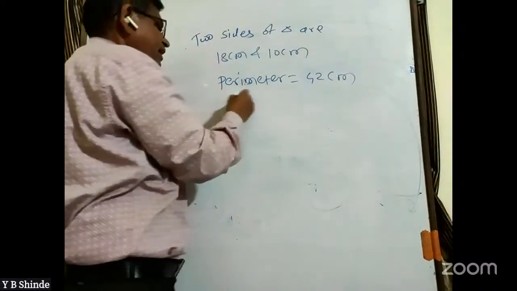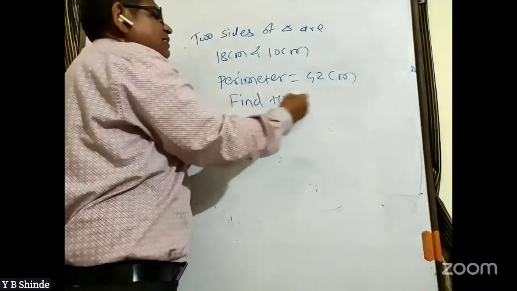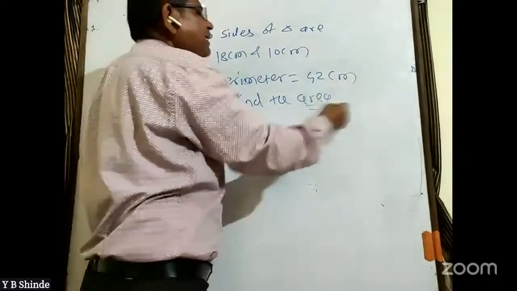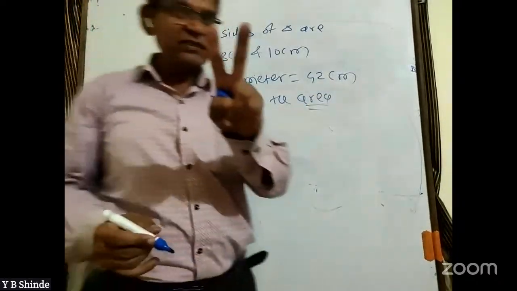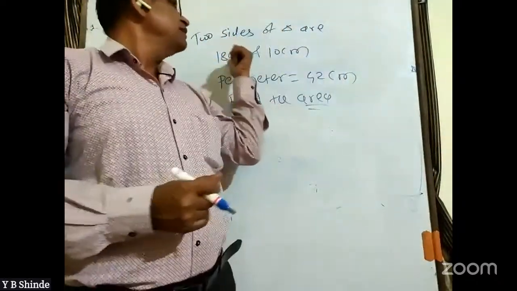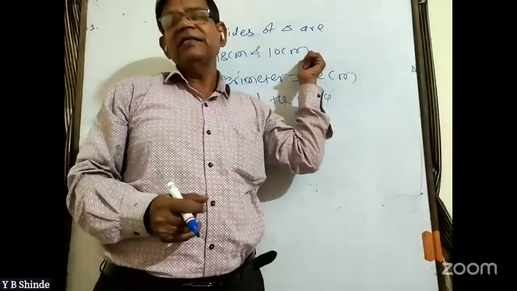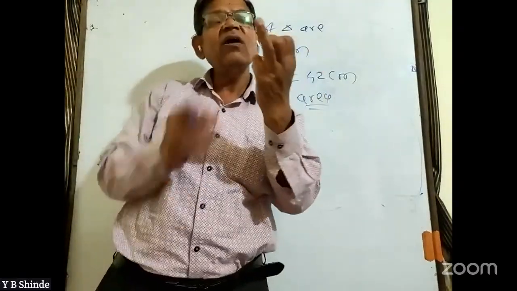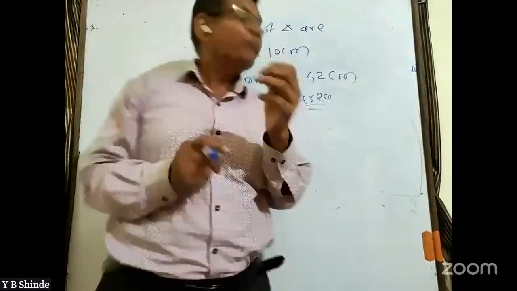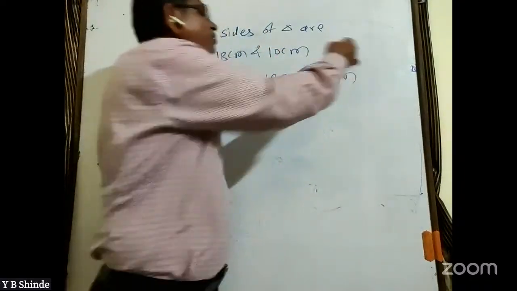Then find the area. Now here, one of the sides is not given. Two sides are given. One side is 18 centimeter, another side is 10 centimeter. But we are not given the third side. But we have been given the perimeter, so you can find the third side.